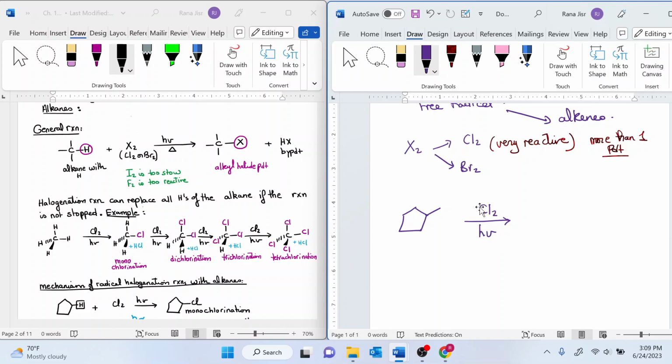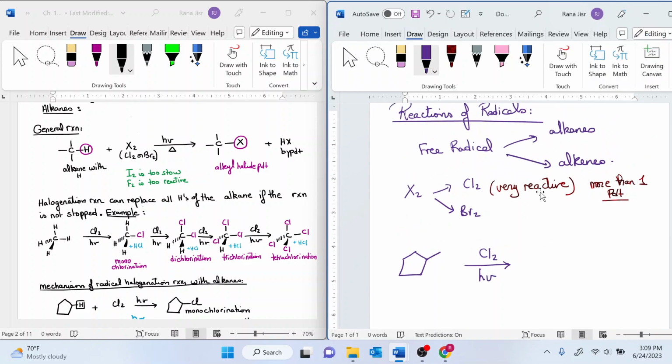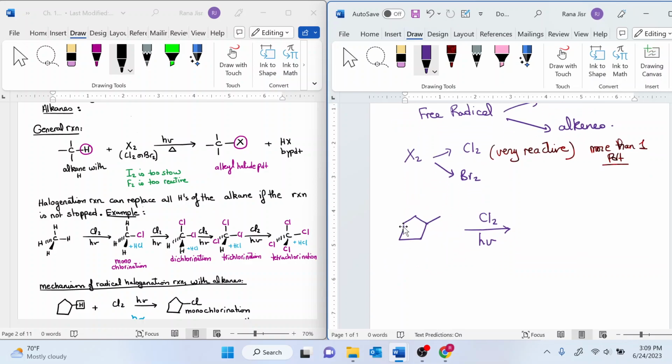Again, this is a free radical reaction because I am starting with a cycloalkane. There is no leaving group in here, and I am using light as a condition. So in this case, chlorine, since it's very reactive, it's going to replace every different hydrogen that I have in my structure. So here I do have a tertiary hydrogen. So this one is going to be a tertiary hydrogen.